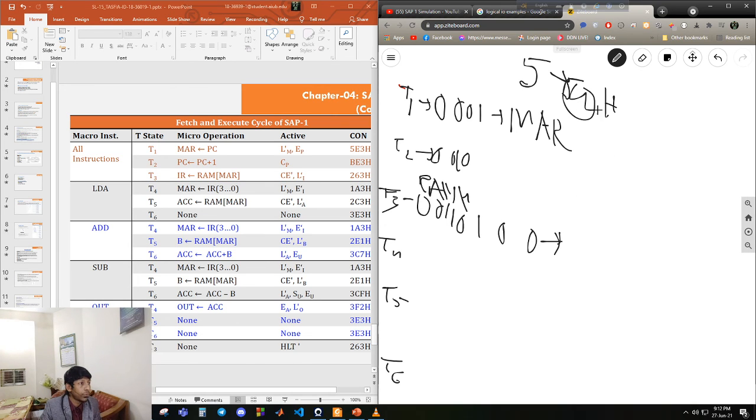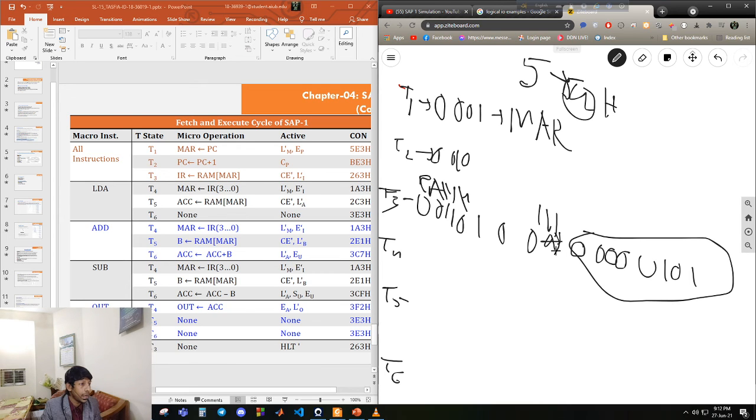In the 4H address we can see the value is 5. In the memory address register the value will be stored as 8-bit, and 5 will be stored in binary as 0101. So this is the 8-bit representation of 5 in MAR. Okay, so our T3 step is completed.